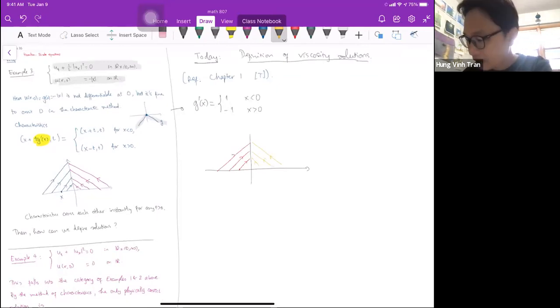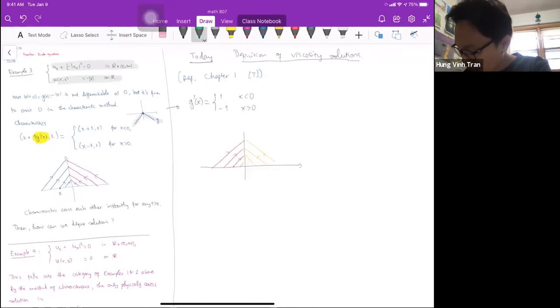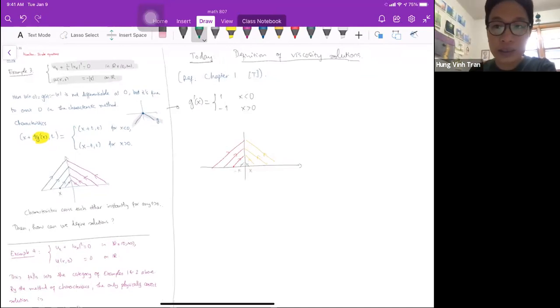The only issue is that for x very tiny, the characteristics from x and minus x run into each other at 0 in an amount of time proportional to x.